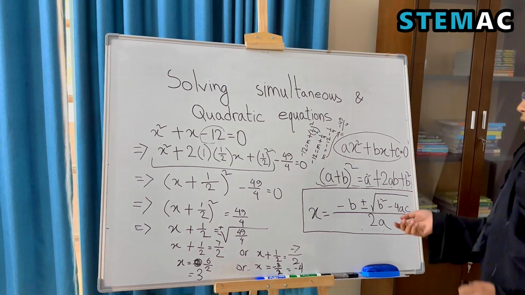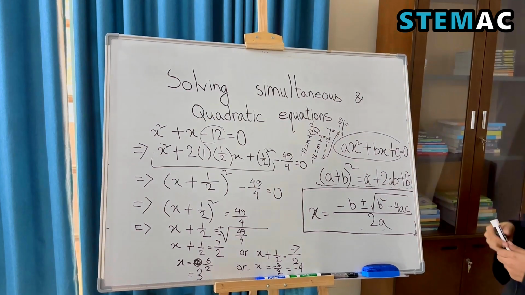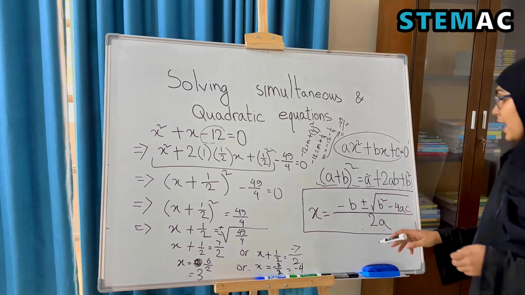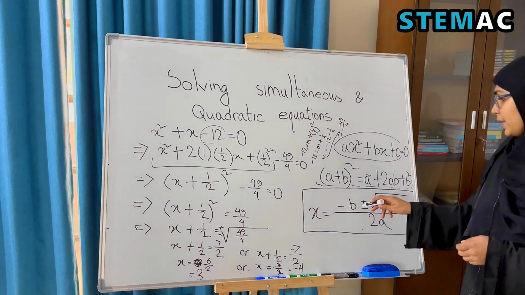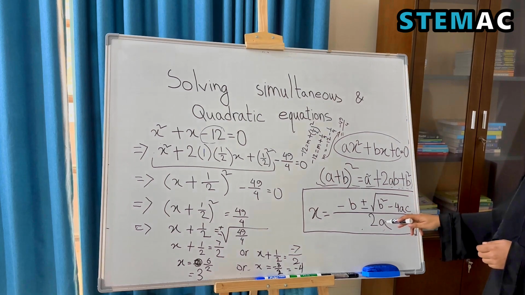Another method we can use to solve quadratic equations is the quadratic formula. There is a formula called x equals minus b plus or minus the square root of b square minus 4ac, divided by 2a.